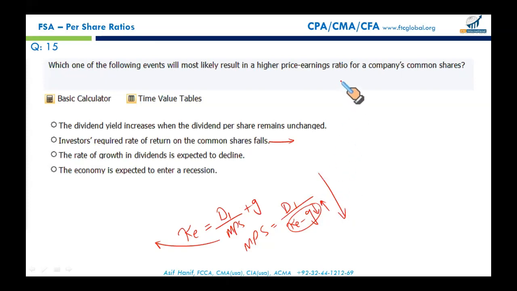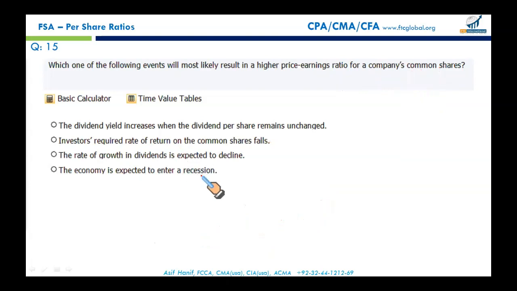If the market price per share will fall, that means your price to earning ratio will fall because of the decreasing market price. See, you have to see each and every option. If the market price falls as per this arrangement, the price earning ratio will fall because market price is the numerator in this ratio. So that means C is incorrect as well.